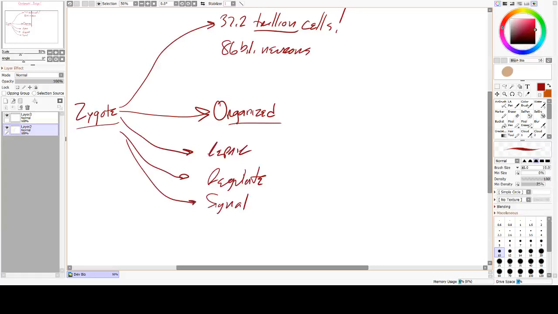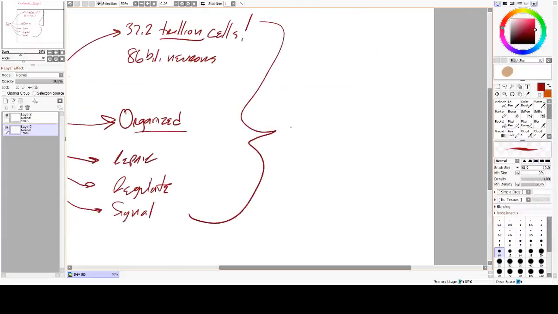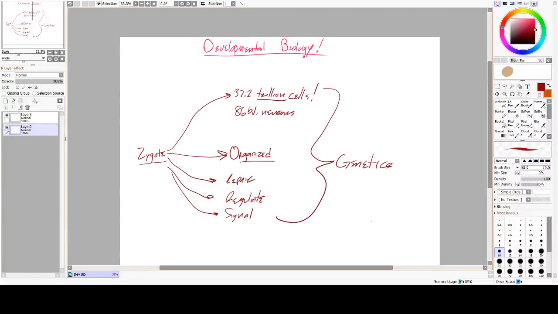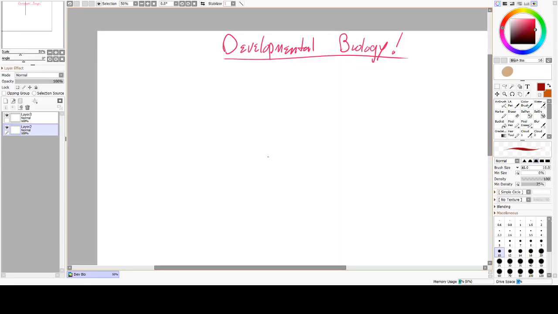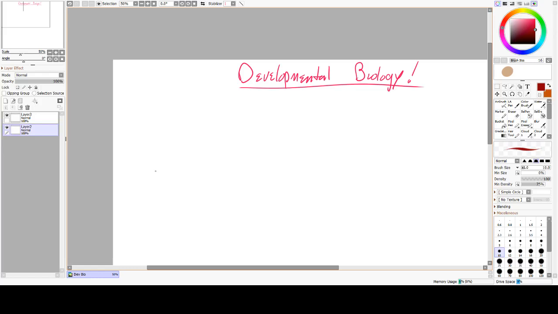And all of this is due, once again, to genetics. So genetics contributes to all of this: the zygote organizing, repairing, regulating, and signaling itself, but also to trigger it to become an adult human with that many trillion cells. So let's talk about the people behind developmental biology, or people that contributed to it.